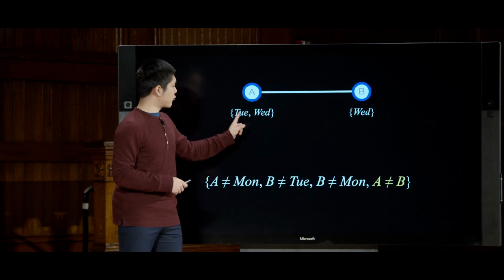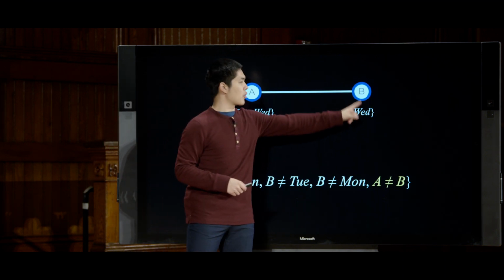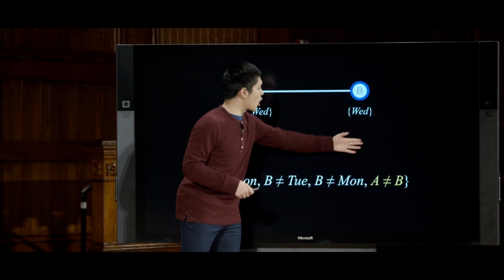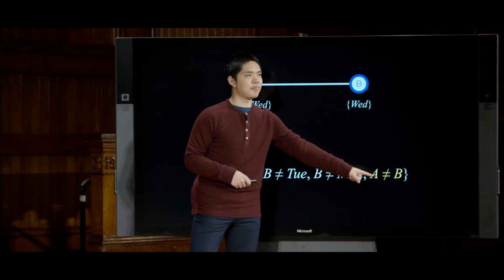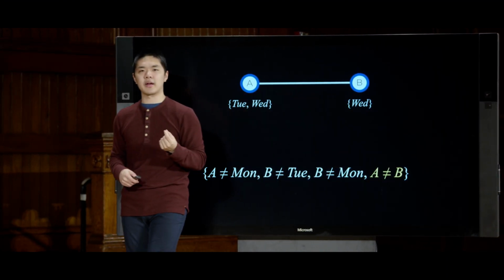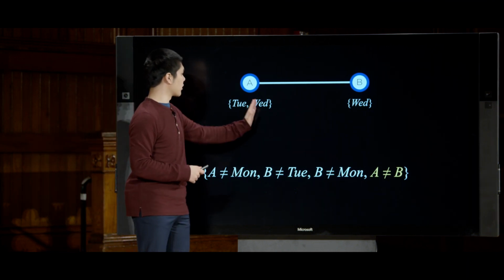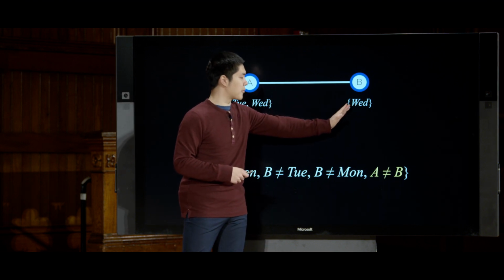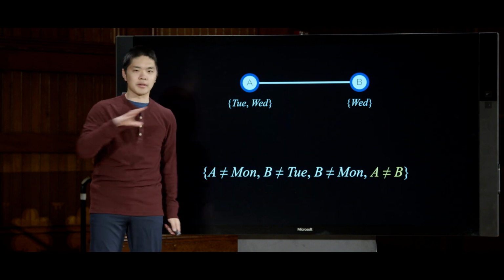However, if we chose Wednesday for A, then there is no choice in B's domain that satisfies this binary constraint. There is no way I can choose something for B that satisfies A does not equal B, because I know B must be Wednesday. And so if ever I run into a situation like this, where here is a possible value for A such that there is no choice of value for B that satisfies the binary constraint, then this is not arc consistent.